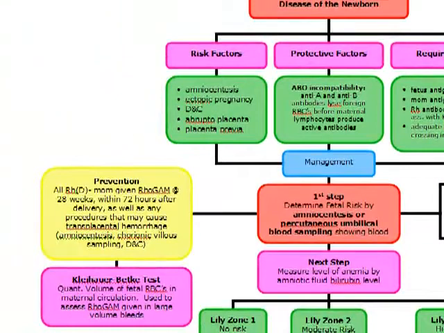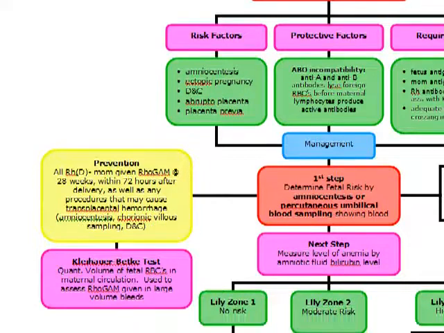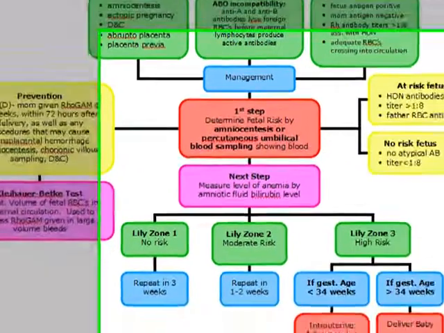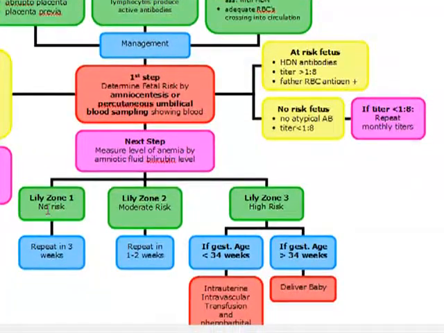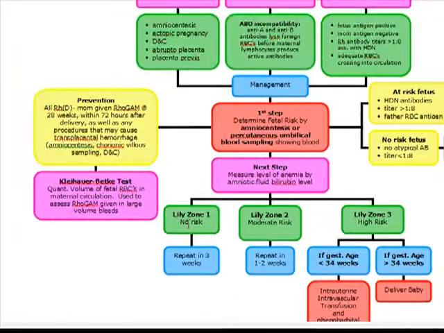The amniotic fluid bilirubin indirectly indicates fetal hemolysis because bilirubin accumulates as a byproduct of RBC lysis. This bilirubin is plotted on the Liley graph. If the patient is in Liley zone 1, that means there's no risk, and we just repeat the test in 3 weeks.